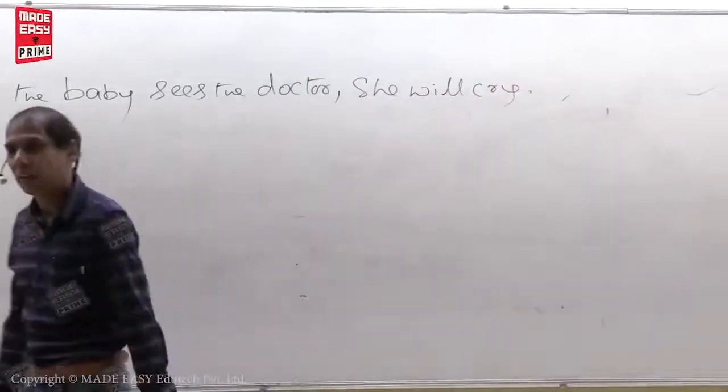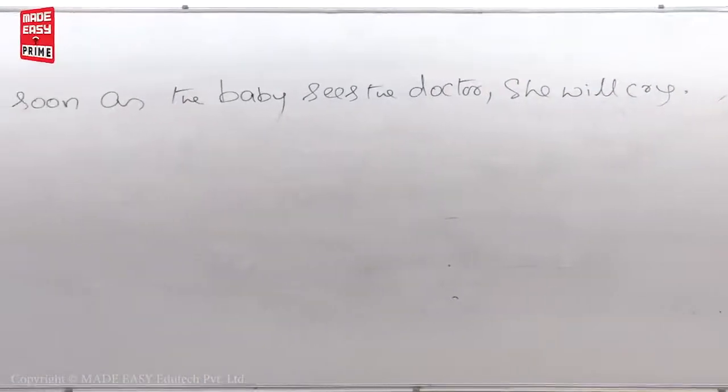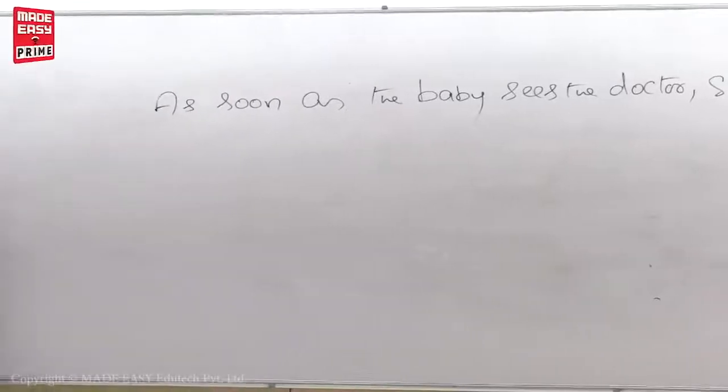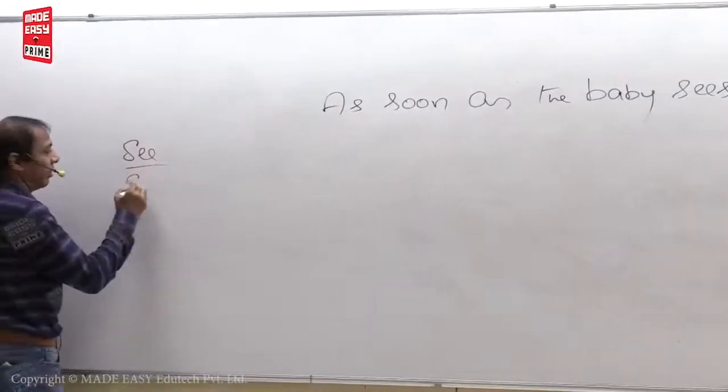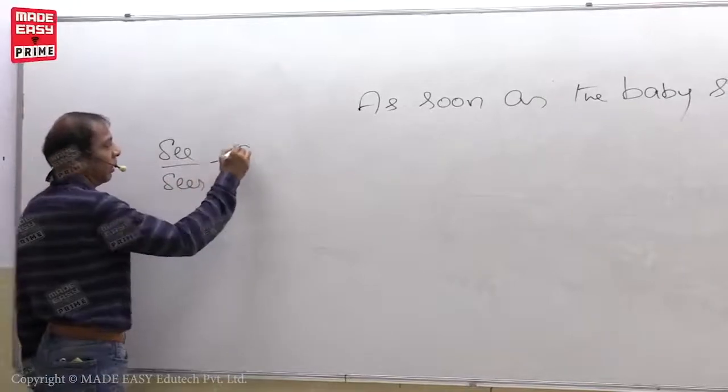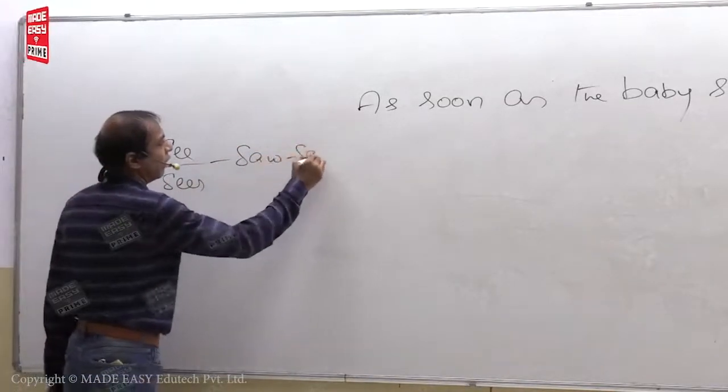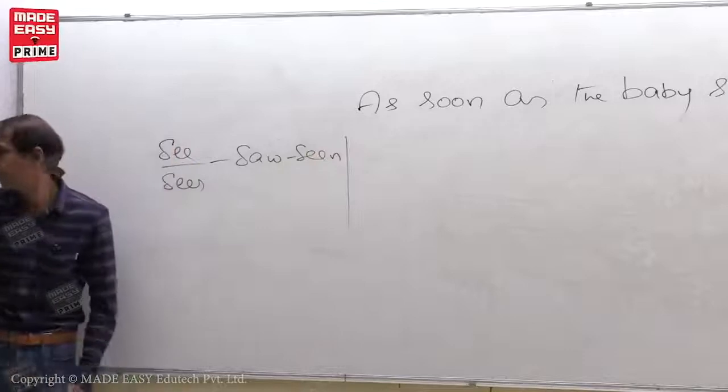You just try. Try means don't try crying. Try the sentence. Okay? See, I'm writing the three forms of the verb here: see, saw, seen. Try.